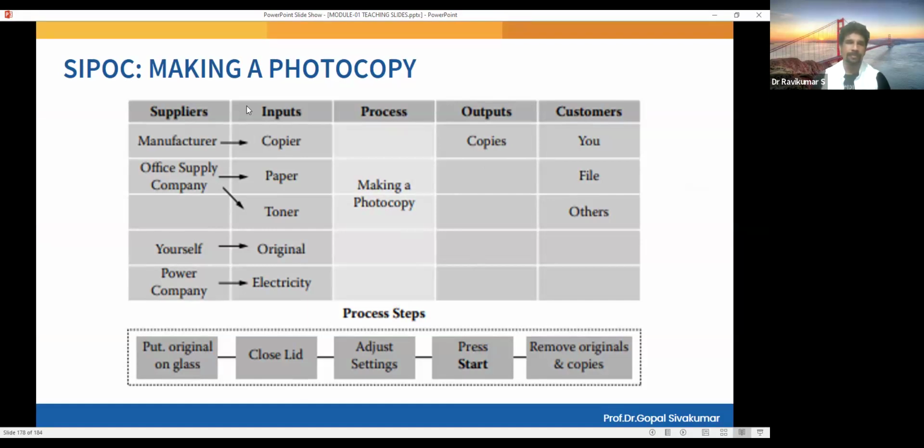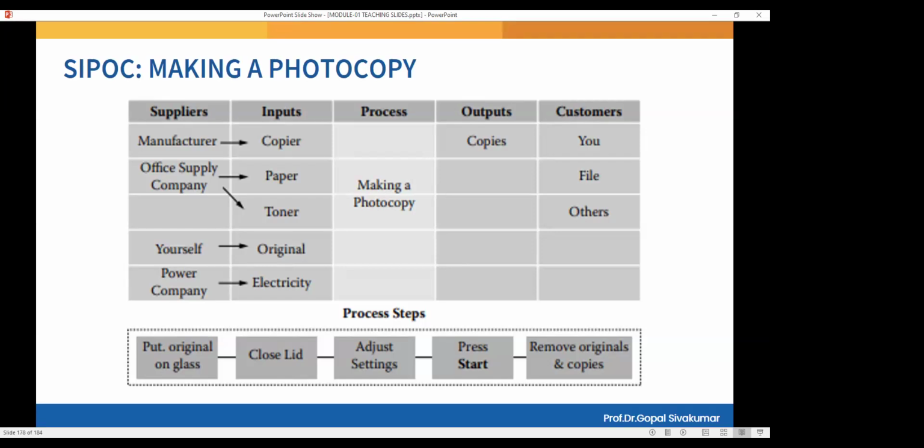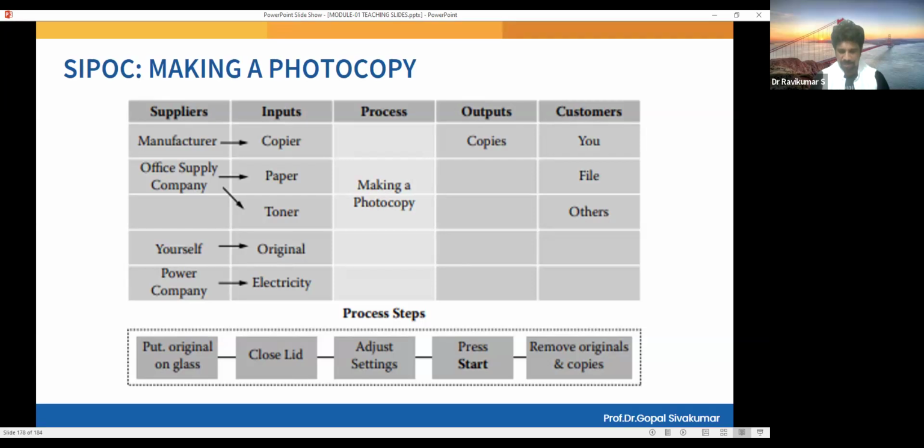Okay. So now if you look at this simple example of making a photocopy, one of you can go through, read it. Who are the suppliers? One of you who is interested. Copier, supplier, manufacturers. Suppliers, paper. If you understand anything, you could go on and explain.